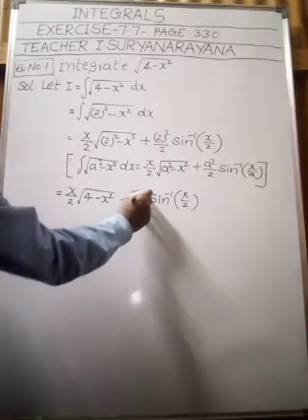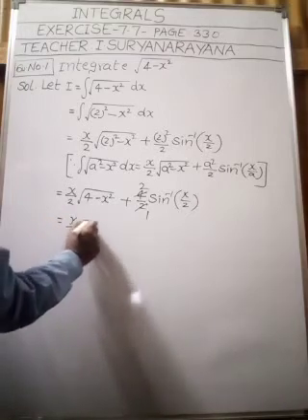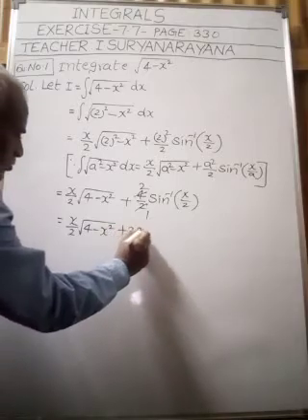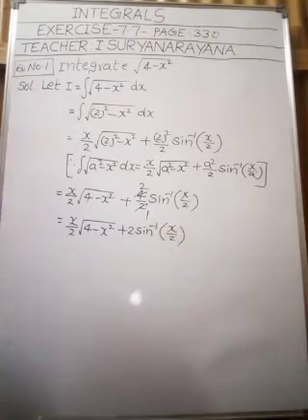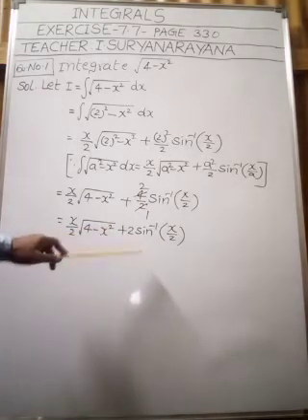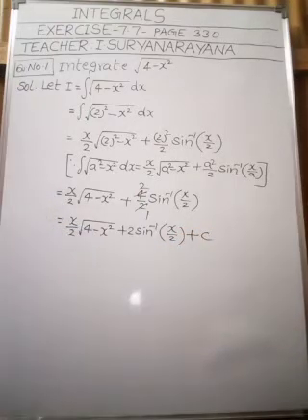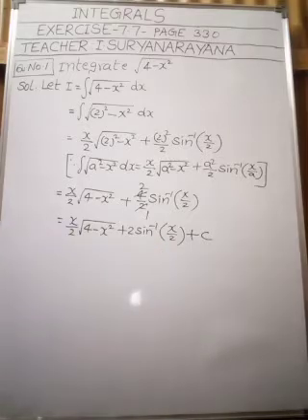Right. 2 1 times, 2 2 times. So x by 2 root of 4 minus x square plus 2 sine inverse x by 2. So the simplification part is also over. This is the last step. At the last step we add the constant of integration. Okay, my children, understood? Right.